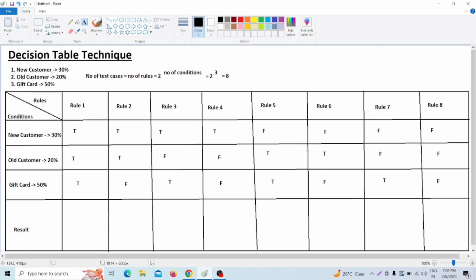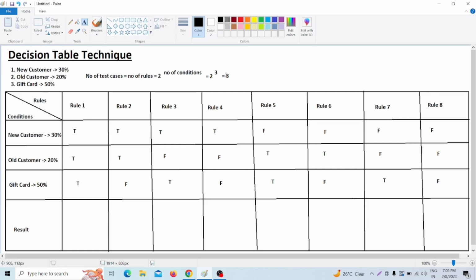So we have put all the values here, and the number of test cases is 8. Just for example, suppose there are 4 conditions. Then the number of rules or test cases should be 2 to the power 4, that is 2 into 2 into 2 into 2, which is 16. So 16 boxes, 16 rules will be there.